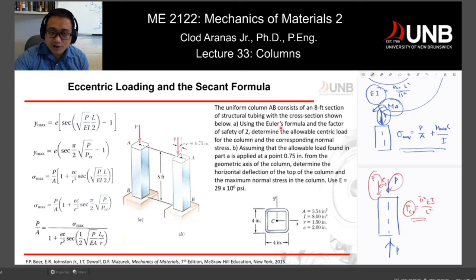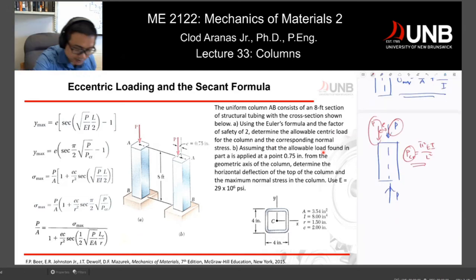So you have the structural tubing with the cross-section shown below. Letter A, using Euler's formula, which is the PCR formula, and a factor of safety of 2, determine the allowable centric load for the column and the corresponding normal stress. So let's try to solve this one.